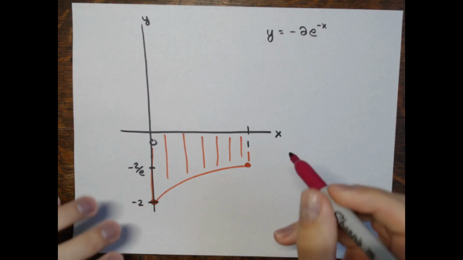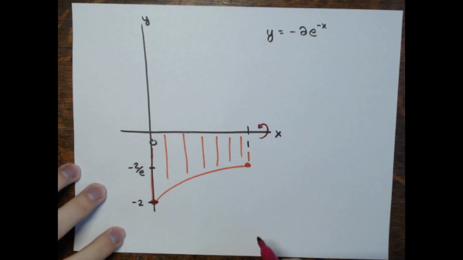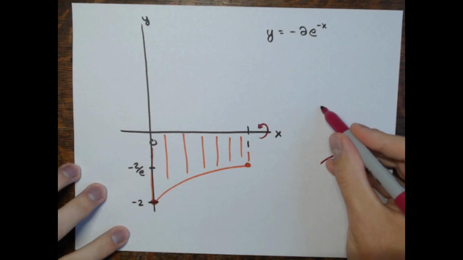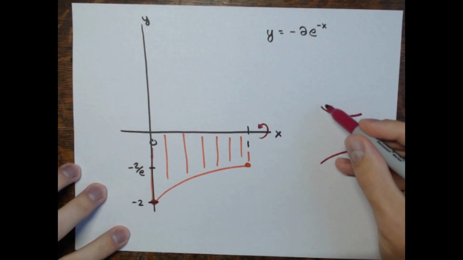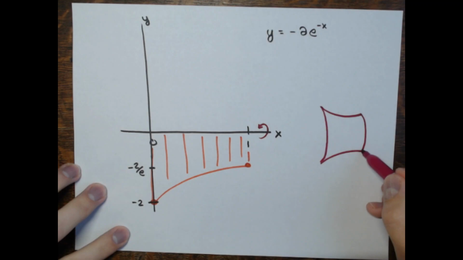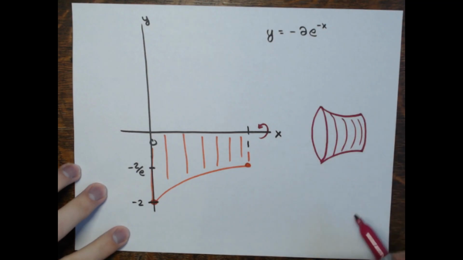Once again, we are asked to rotate around the x-axis. So that'll create a shape like this. We have this on the bottom, rotate it around, this on top, and all these circular cross sections. You'll get some sort of shape like this, almost like a funnel.